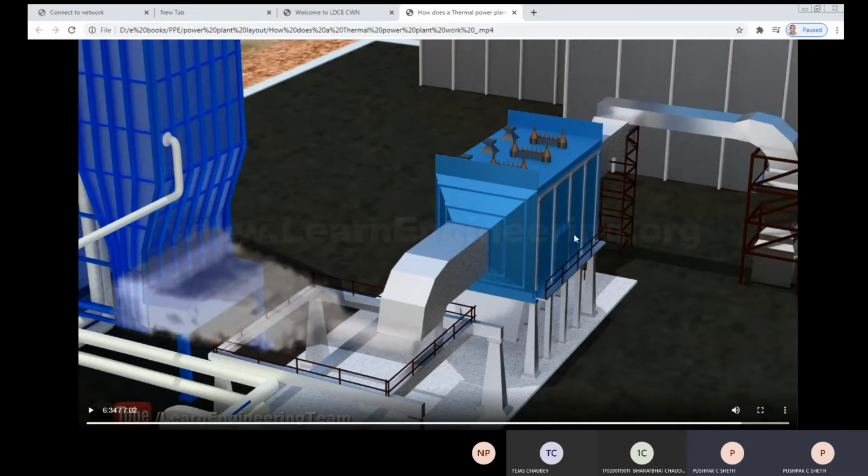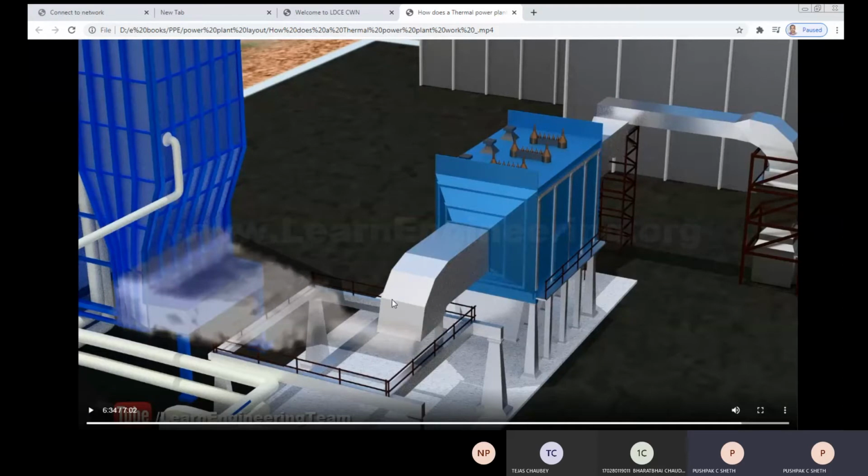What is the need of the electrostatic precipitator? Because these flue gases contain ash particles with them, which are harmful to human health, hazardous.